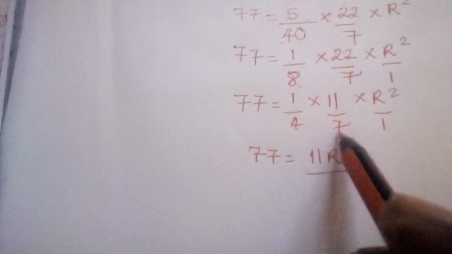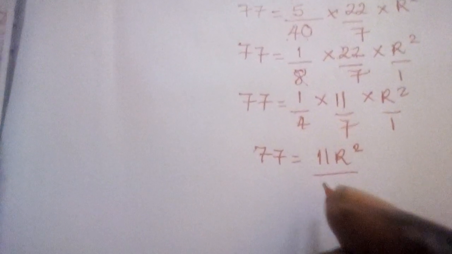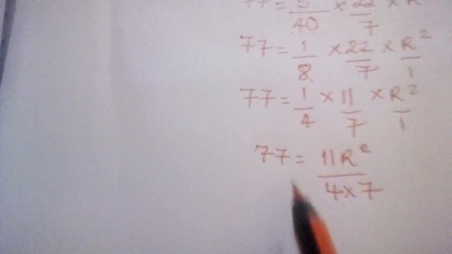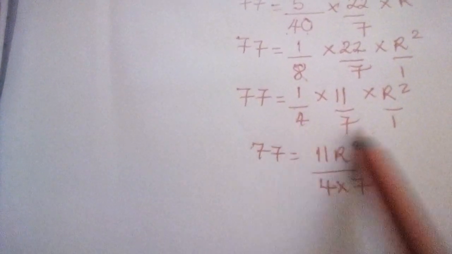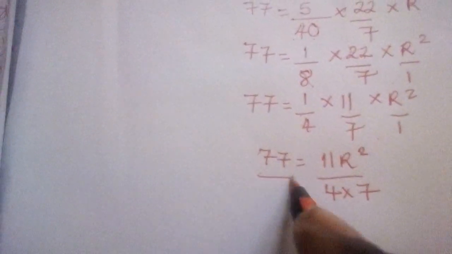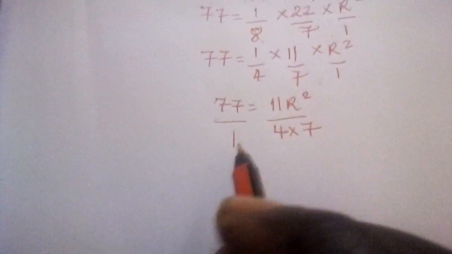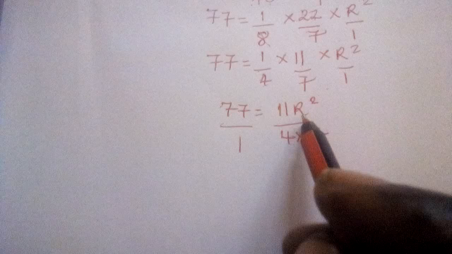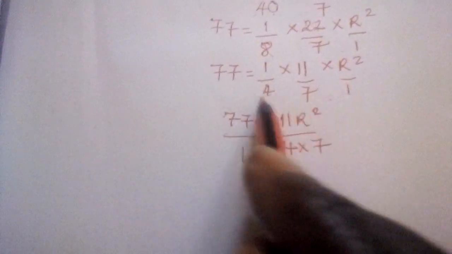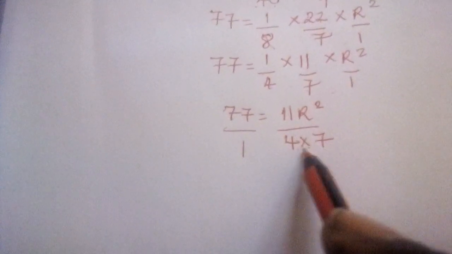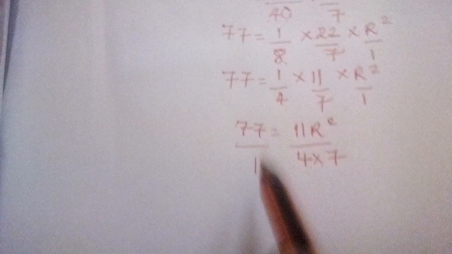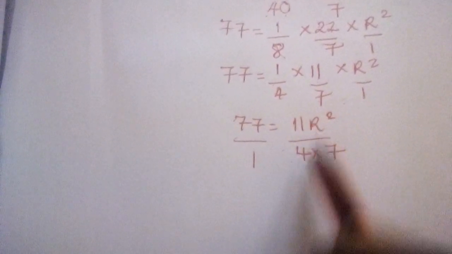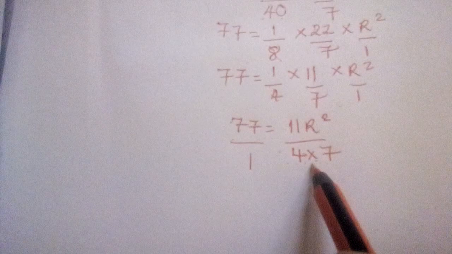We know 4 times 7 times 1 will give us 4 times 7, and it's the same thing here, over 1. When we reach here, we can now cross multiply. The reason why I don't want to put my answer here as 28 is because I may have problems working them out in order to find R. So I want to keep them just like this.